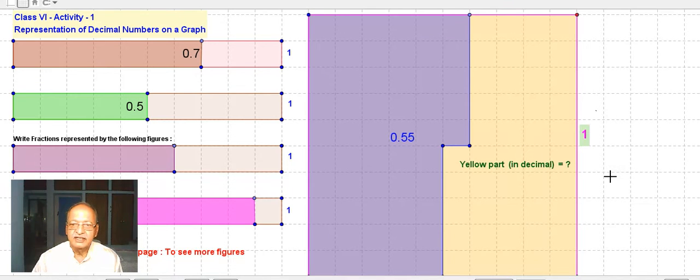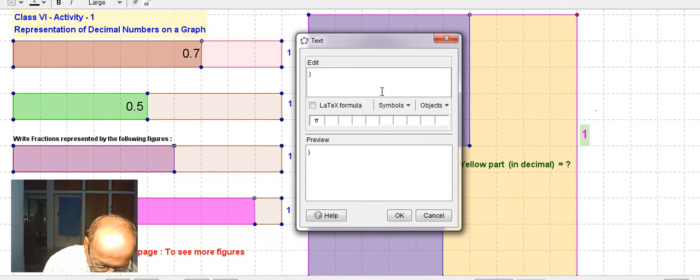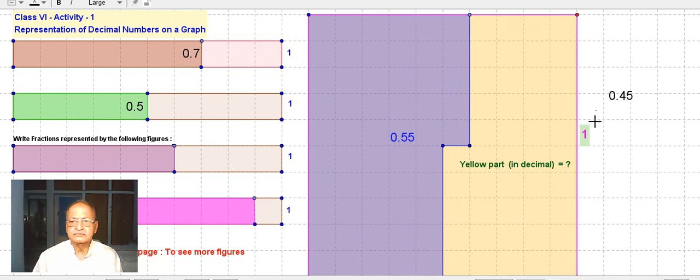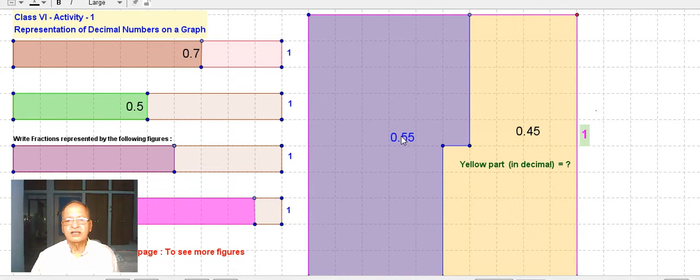So 45 by 100 we can write, and that can be represented in decimal as 0.45. This gray portion is 0.55 and the yellow portion is 0.45. Add them, it will be equal to 1.